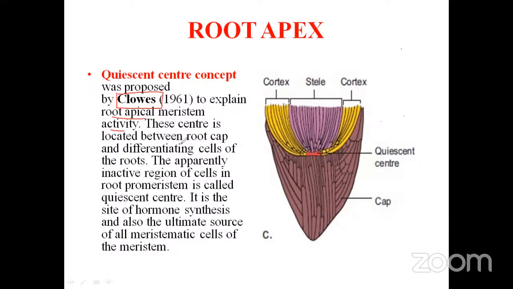These centers are located between the root cap and differentiated cells of the root. This is the root cap. This is the differentiating portion of the cortex and stele. So this is the center.